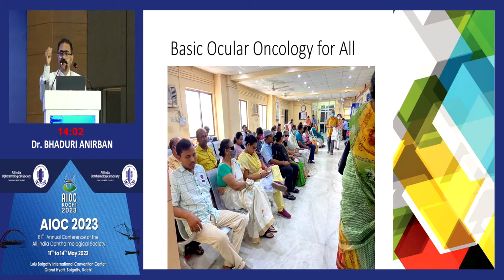In the morning, we had a free paper session where it turned out that 38% of retinoblastoma patients were being misdiagnosed by the ophthalmologist on the first visit. Now that's a big number because ultimately an early diagnosis is what leads to a situation where you can salvage the eye or you can salvage life. The same problem happens with other tumors as well.